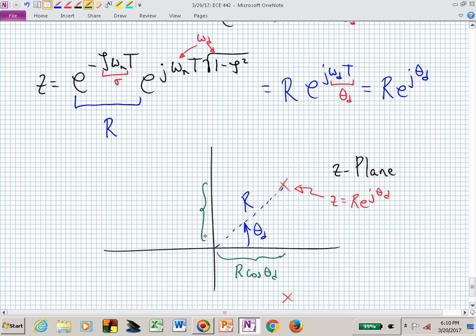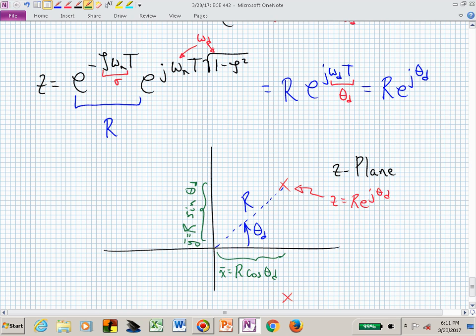And the imaginary component is now r sine of theta sub d. I hope it's clear that that theta is not the same as the theta angle in the s-plane. And if I wanted to, I could say this is my x distance, x bar, and maybe this is my y component, y bar.